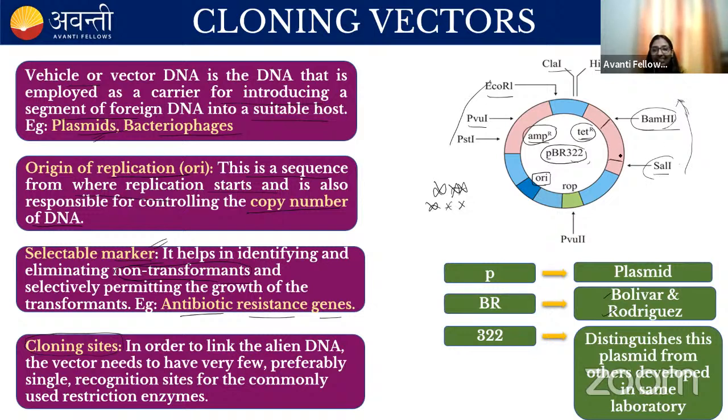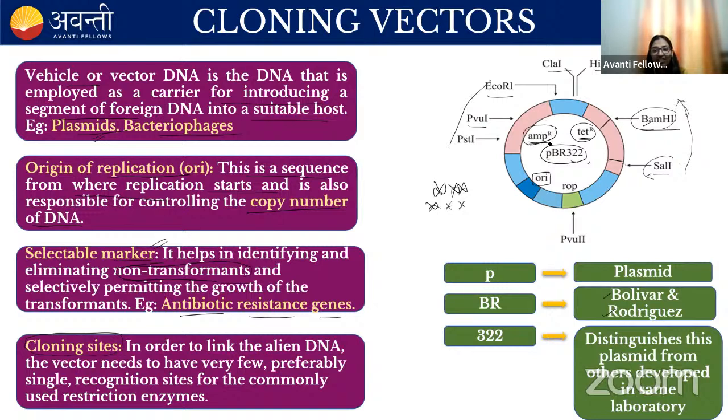Like BamH1 and SalI have their recognition sites in the tetracycline resistance gene, which is a selectable marker. So the cloning sites can be present within the selectable marker. Remember this point.